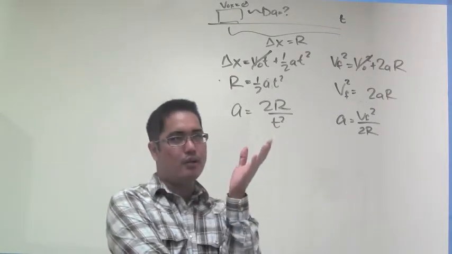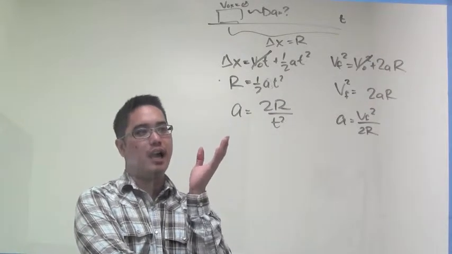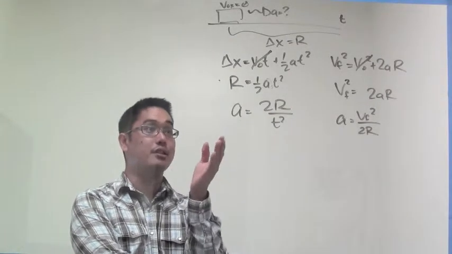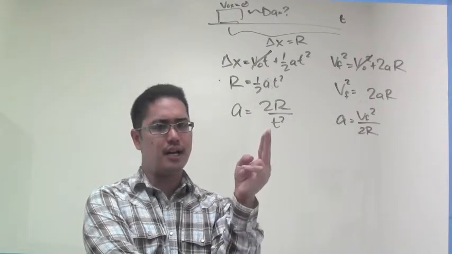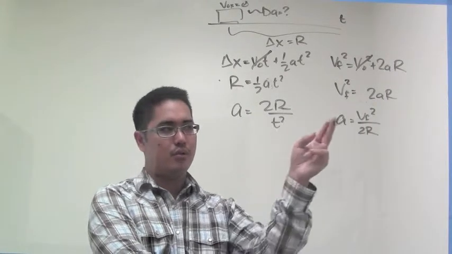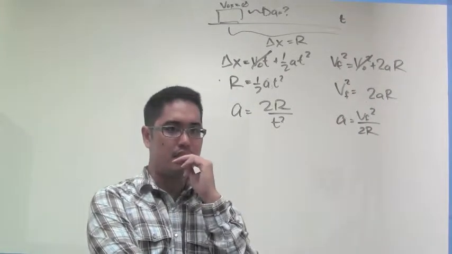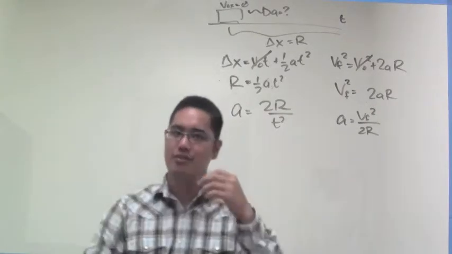I kind of wanted you to think about which you would say is a more accurate depiction of the acceleration. Do you think it's easier to measure the time it takes for the car to get from point A to point B, or the speed that it gets to? I can't necessarily trust the driver, because the driver's watching the road.